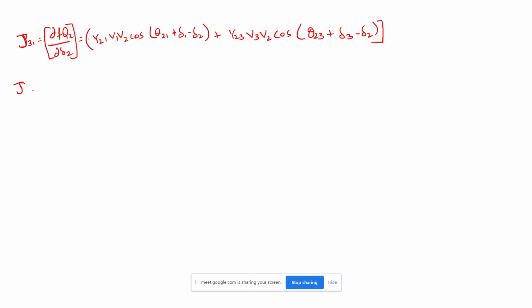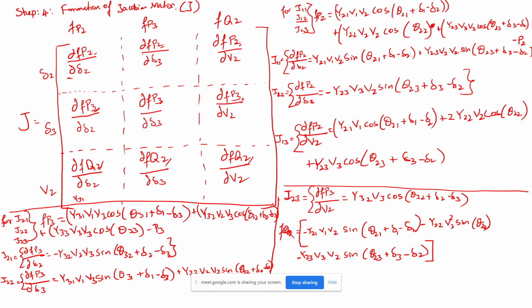Okay, so then we are done with that, and J32 we need to do. So J32 is nothing but dou f q2 with respect to del 3. So we need to derive this equation with del 3.